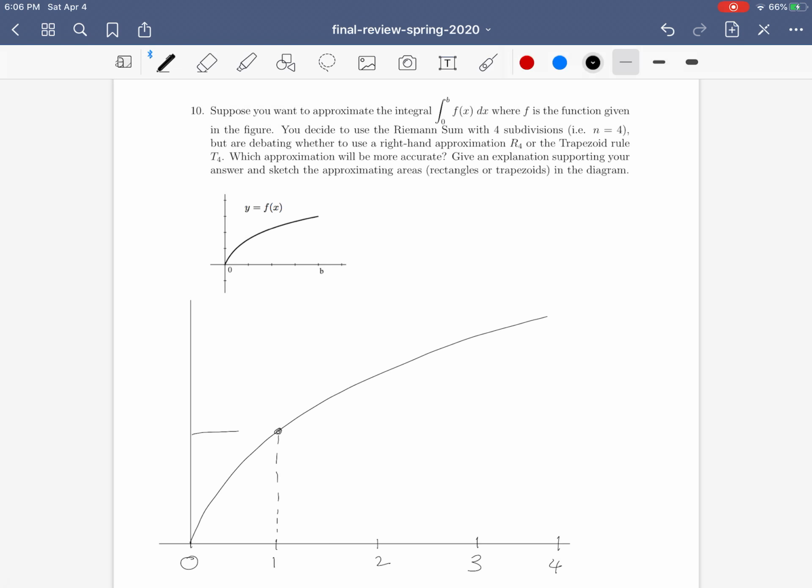So first of all, let's draw the right-hand approximation. So the right-hand approximation, you sum up these rectangles here. And that gives you your approximation to your integral.